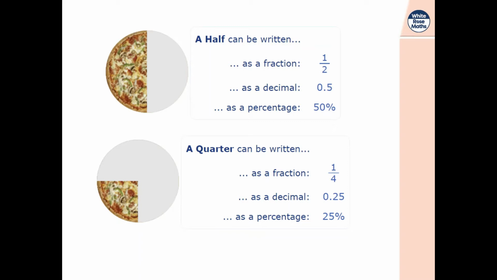That's because it's half of one whole one. Remember, a half is 1 divided by 2. And when you split 1 into 2, you get 0.5. Halfway between 0 and 1 is 0.5. And as a percentage, that's 50%. Again, remember, a percentage is out of 100. So that's 50 out of 100, which is the same as a half. And there's the equivalence for a quarter as well.